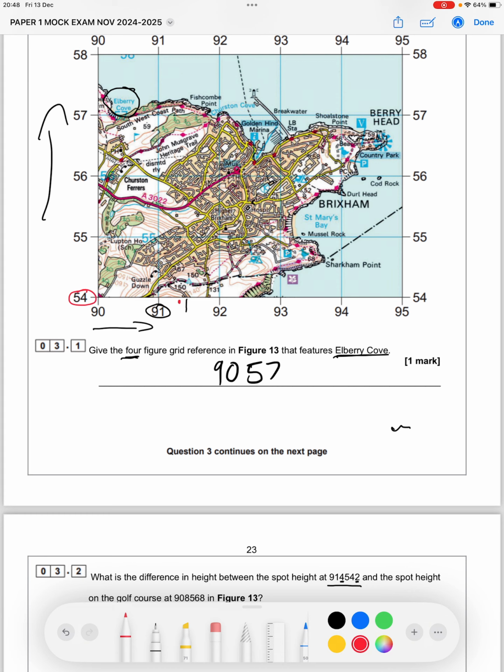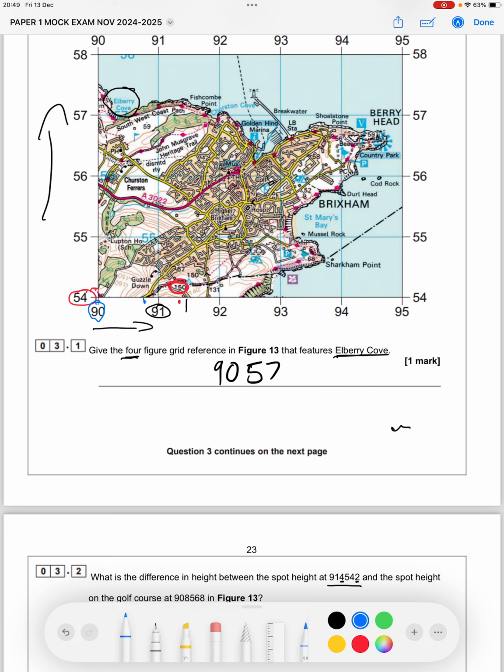And it is 54.2. So it is about there. So our spot height, if we look, is pretty much there. Then we need 98. So 90 is, I'll change this to blue, why not? So 90 is there. 8 will be about there, okay.